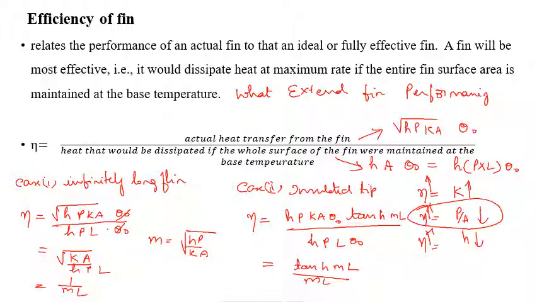Now how to tackle this? There should be an optimum value to which we should restrict this. I cannot keep improving one parameter, since effectiveness improves with the P by A ratio but the efficiency will decrease, so I should have an optimum value for that.